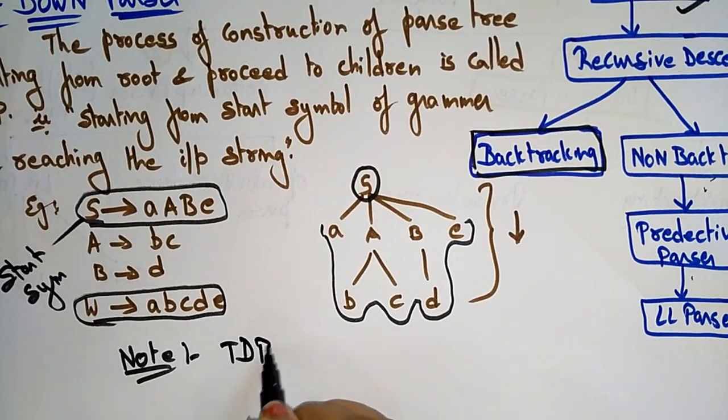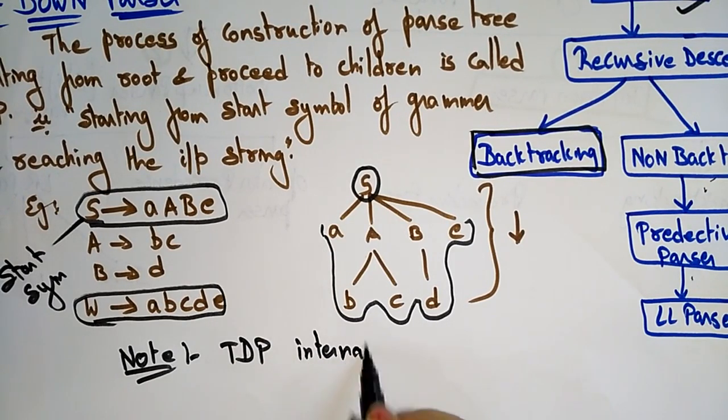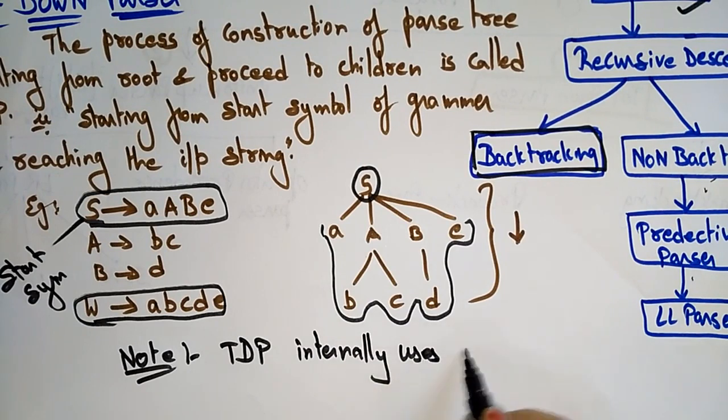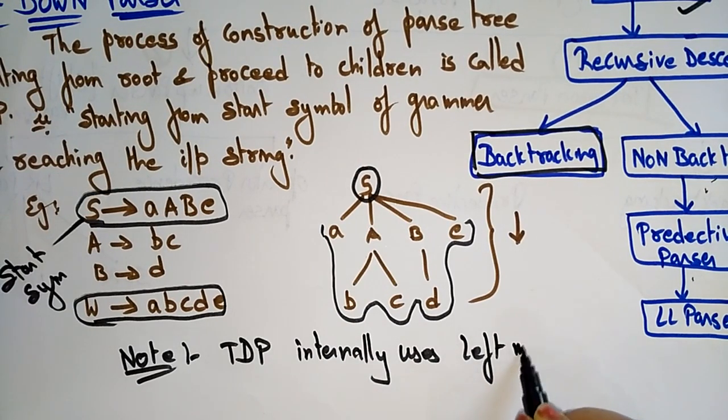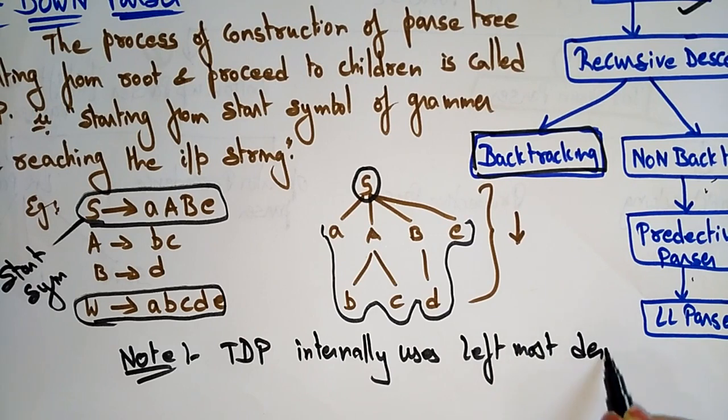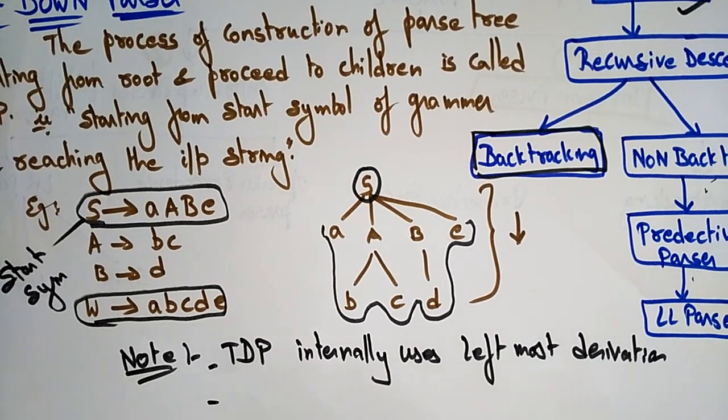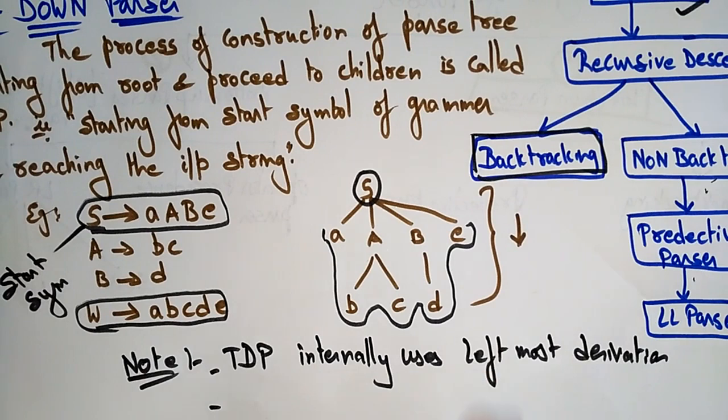The top-down parser internally uses leftmost derivation.